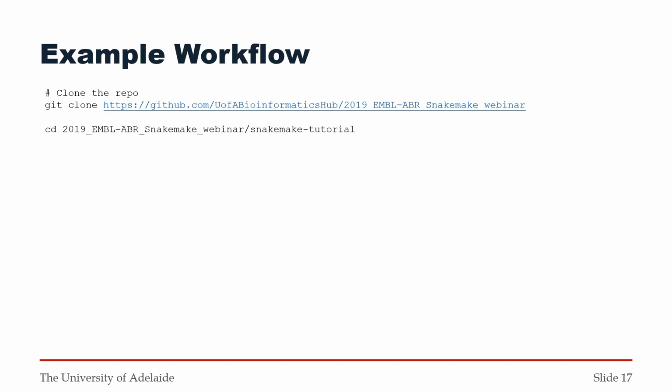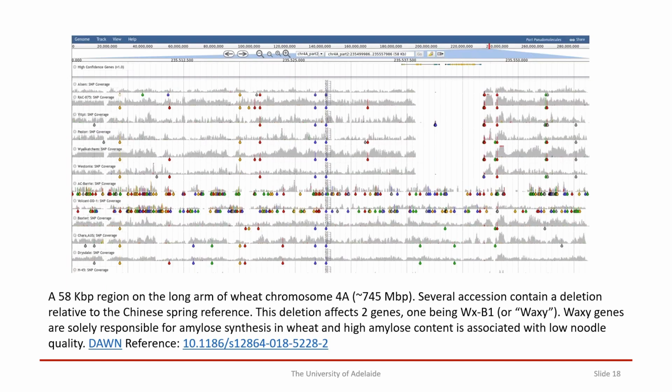For the remainder of this talk, I am going to go through some example data sets. This is all part of this repository here, so you can have a look at this after the webinar and work your way through. Just out of interest and a bit of a sidetrack, part of this workflow is to extract a subset of data from some public data that was recently published in the Dawn paper that I authored.